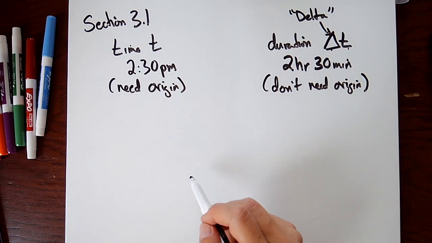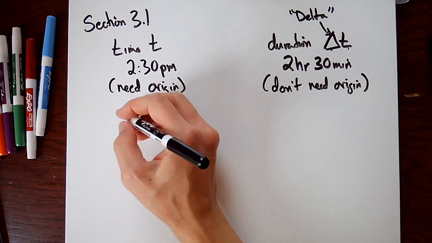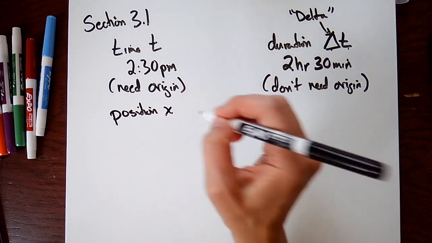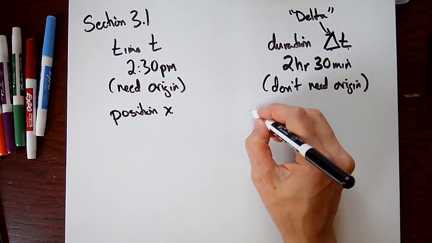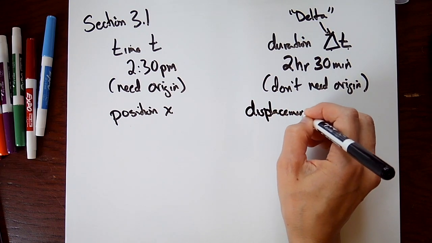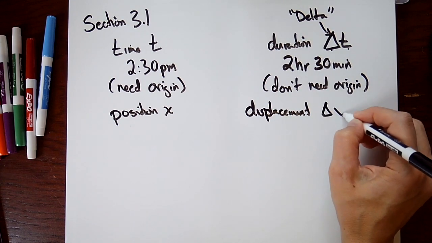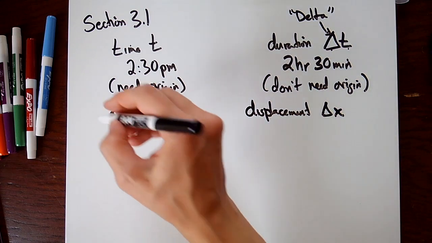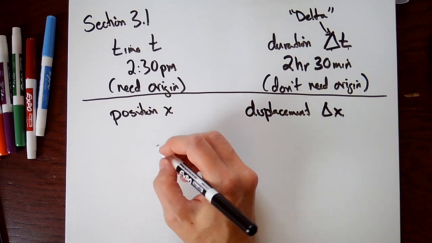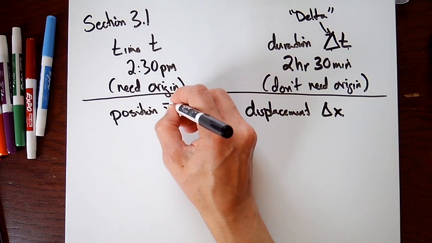Something similar is going on with position, which I'll call x, and displacement, which is your change in position over a certain time. Now, position is what we call a vector.